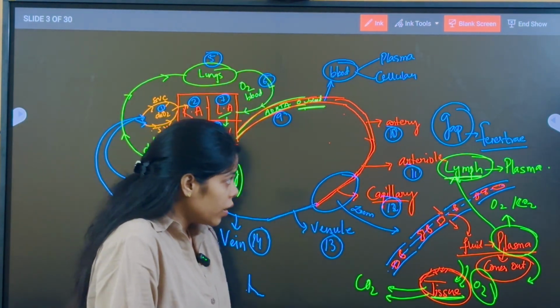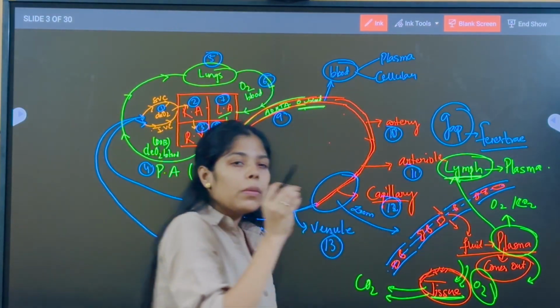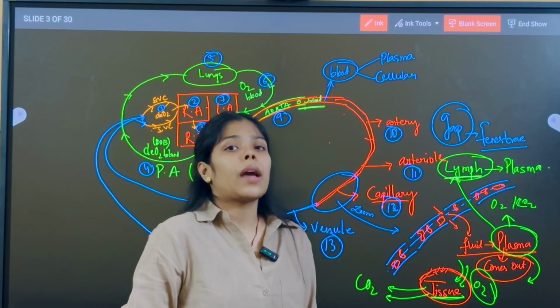I hope it is clear till now that कैपिलरी में बहुत छोटे छोटे गैप्स होते हैं, fine gaps are present in the capillary.